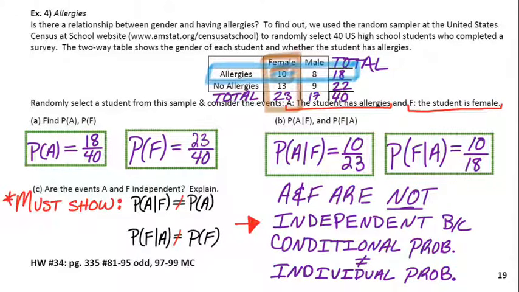So if we just provide the decimal values for those, we can see right away, they're not equal. And the same goes for these. We can justify it by just providing the decimal values. So this is the only way to prove whether events are independent or not independent. Since these probabilities are not equal, they're definitely not independent.